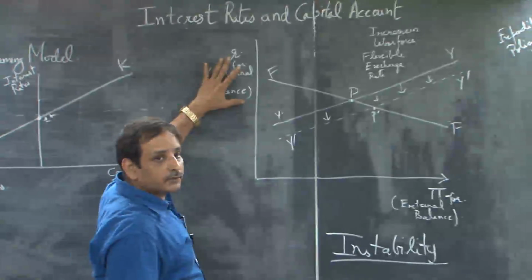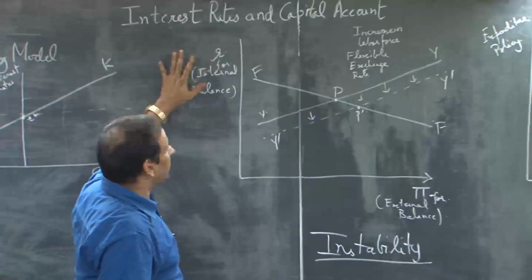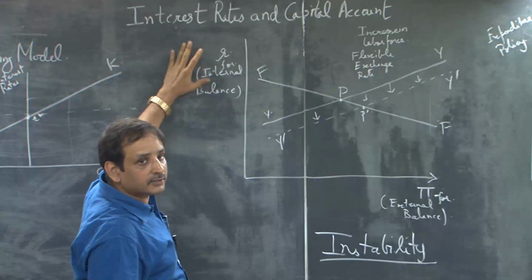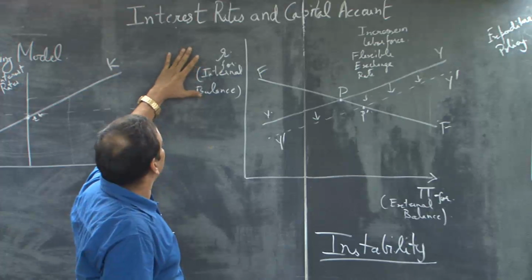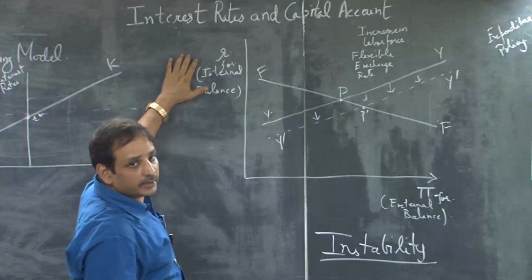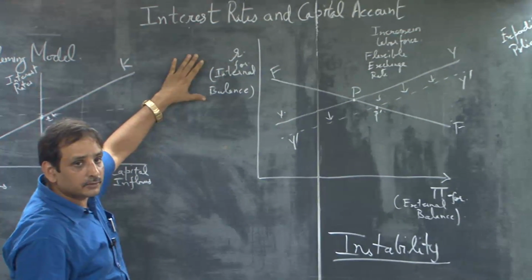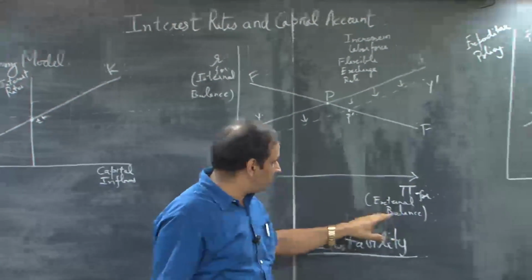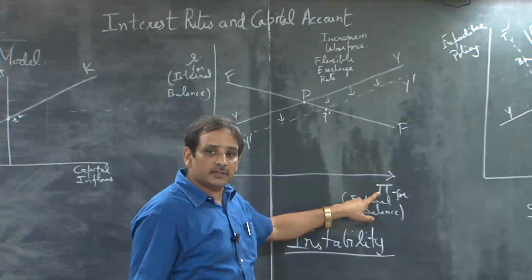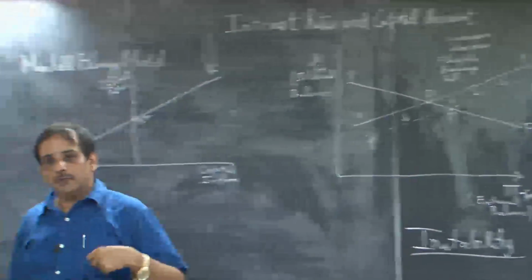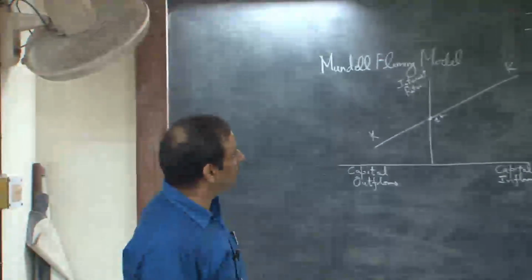So the only difference between what we have been discussing so far is that instead of the expenditure policy, the tax rates, we have now put interest rates here for the internal balance, and we have exchange rate for the external balance. And this is a case of flexible exchange rates.